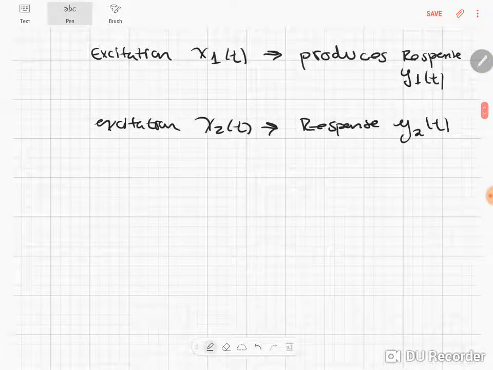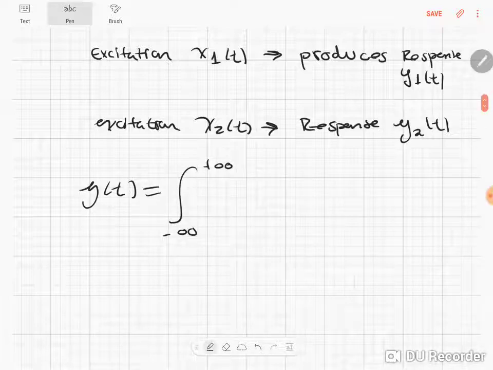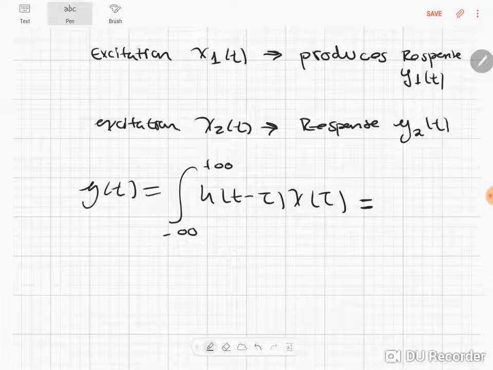Okay, now a system is linear if, for instance... how can I write this? So let's say that y of t is equal to the integral from minus infinity to plus infinity of the impulse response h of t minus tau times x of tau. And this is nothing but just some transformation on x of tau that I will define as T of x.